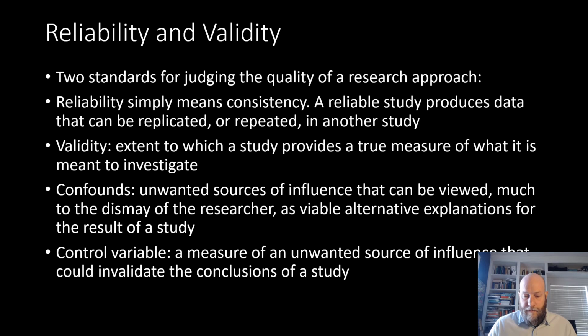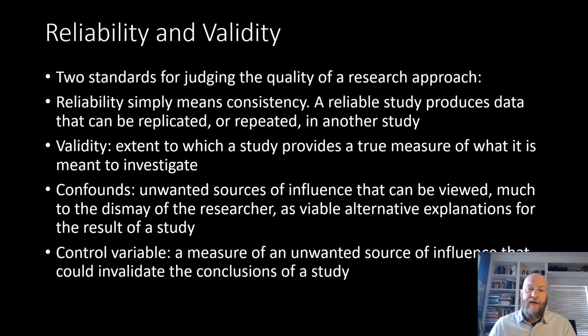When we talk about reliability and validity, we also have to address the concept of confounds. Confounds are essentially unwanted sources of influence that can be viewed as viable alternative explanations for the results of the study. If you go back a little bit, when we talked about John Stuart Mill and his three foundational things you need to talk about causality: covariation, precedence in time, and then, well, the cause has to precede the effect, excuse me.